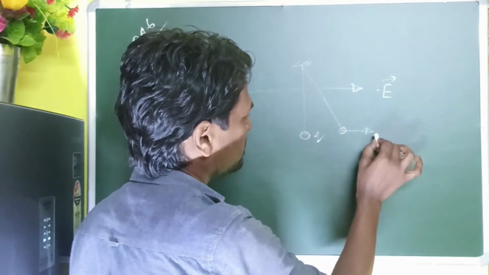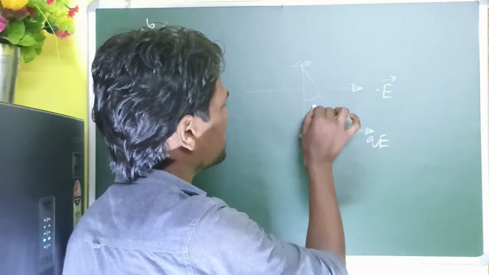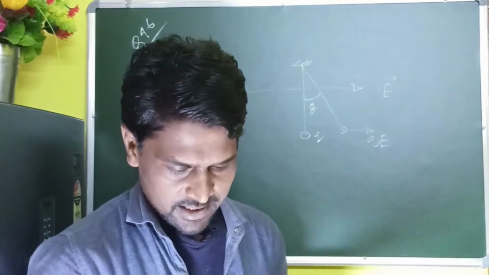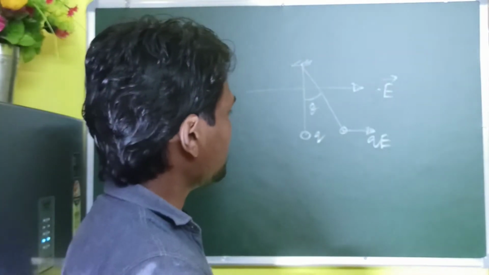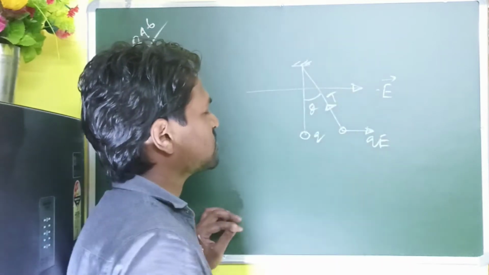See, क्योंकि ये जो चार्ज पॉजिटिव चार्ज है, so it can be inclined at a particular angle theta, and you have to calculate the tension acting within the string.